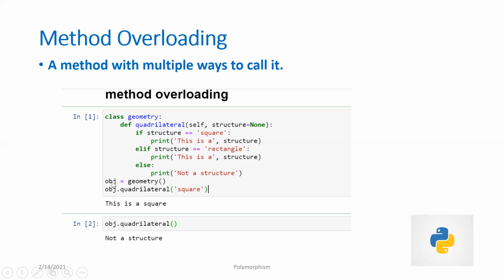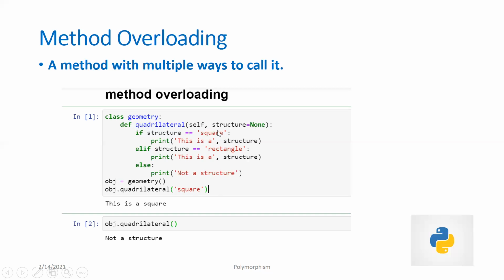Then I created an object of the Geometry class, and I called the quadrilateral function with the value square. As the value is square, which condition will be matched? When quadrilateral is called, it matches structure equals None, but I have a value, that is square. As I told you, if there is no structure value, it is okay, and if structure has a value, it is also okay.